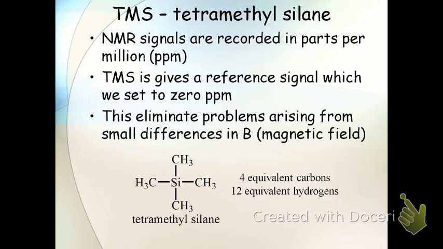It turns out when you do it like this, and you do the calculation of the shift in parts per million, the shift for every type of hydrogen environment will be the same relative to TMS, and that's independent of the magnetic field. So if your magnetic field's a little stronger or a little weaker, your parts per million shift will always be the same relative to TMS. That's actually very useful.